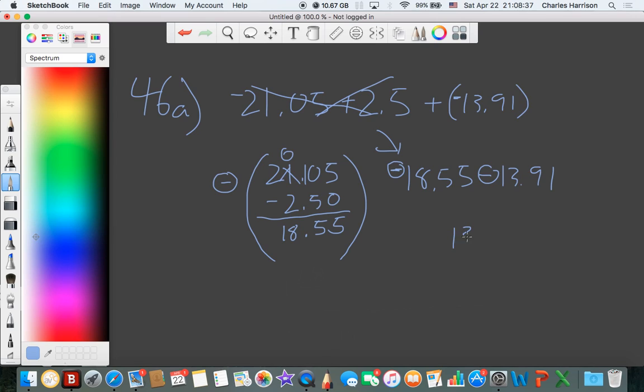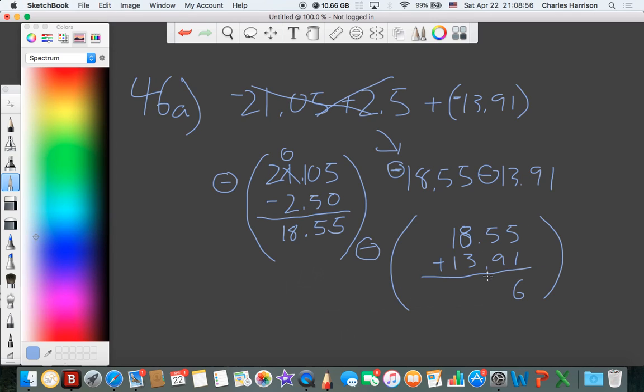So let's just do 18.55, and let's plus this 13.91 to it. And let's remember again that we're dealing with a negative on the outside.